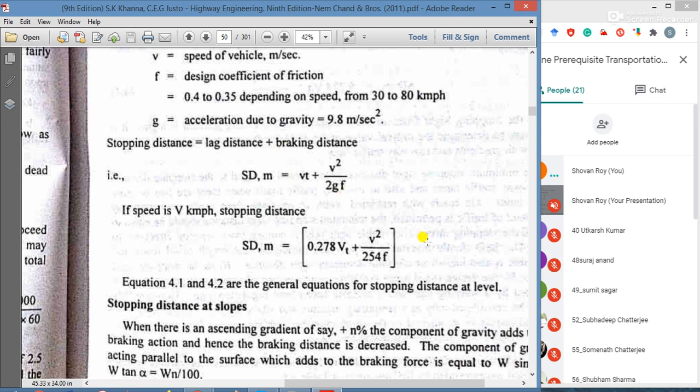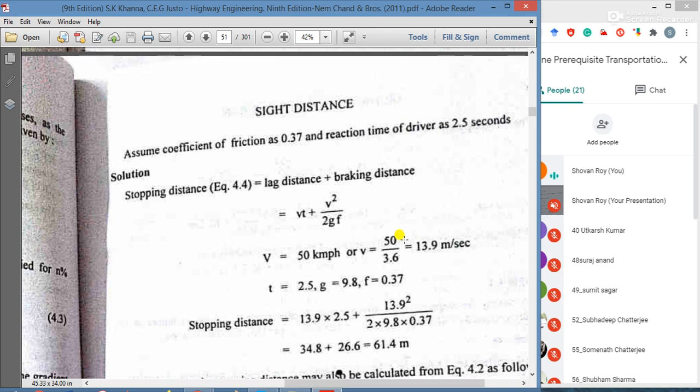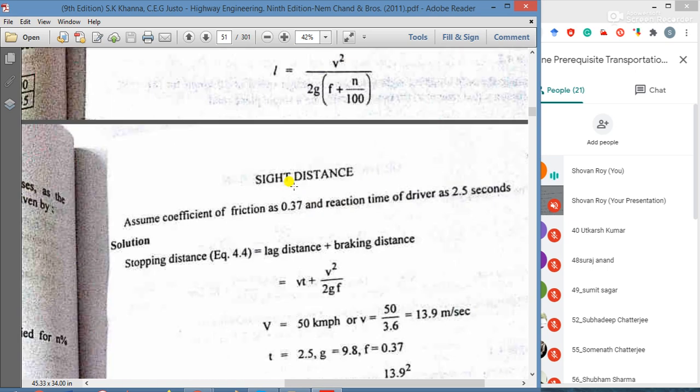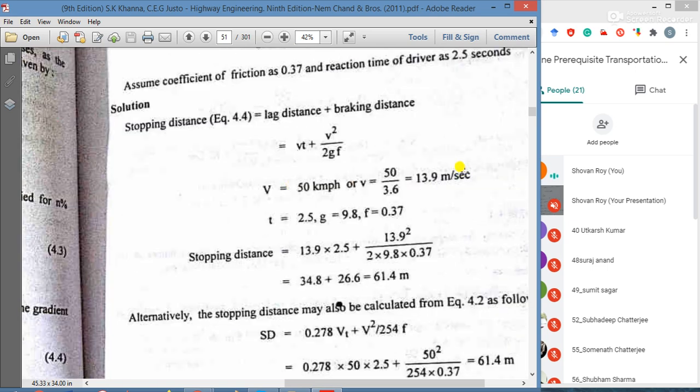So stopping distance is the lag distance plus braking distance, and the formula is Vt plus V square by 2gf. Our design speed is 50 km per hour. When we use this formula, we have to convert kilometer per hour to meter per second, because this formula is applicable when the unit is meter per second.